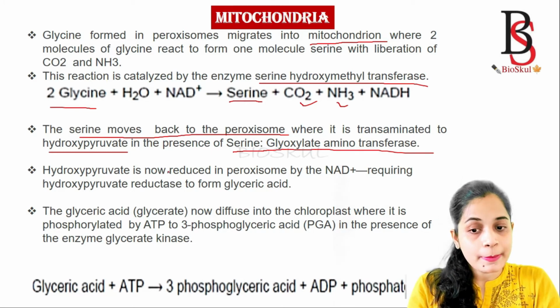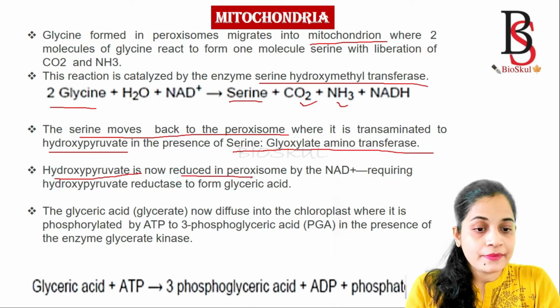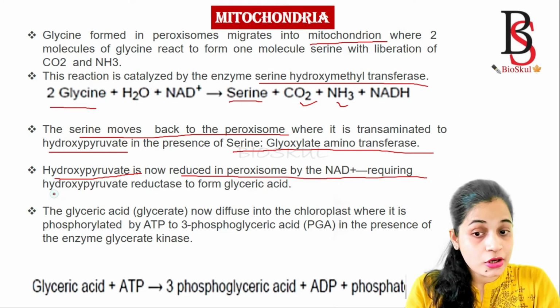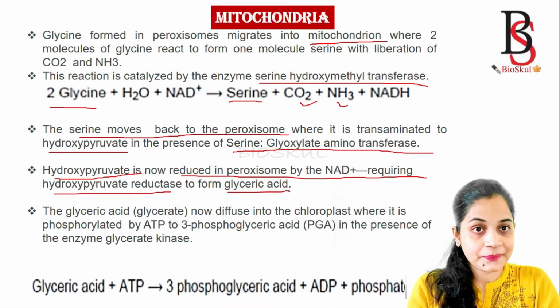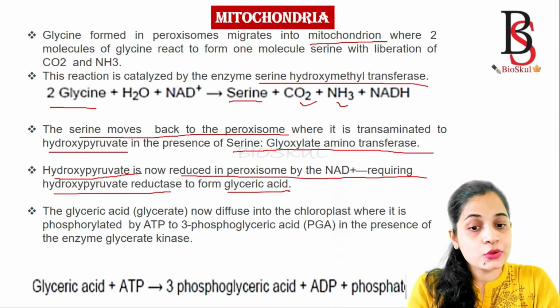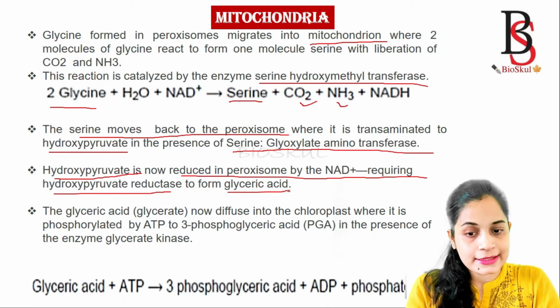Then hydroxypyruvate, in the peroxisome, is reduced by NADH-requiring hydroxypyruvate reductase to form glyceric acid. So here the hydroxypyruvate is reduced to glyceric acid.